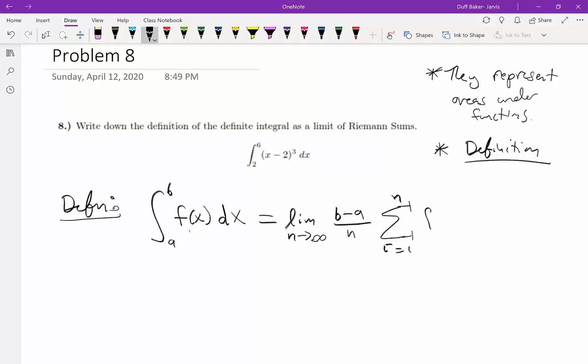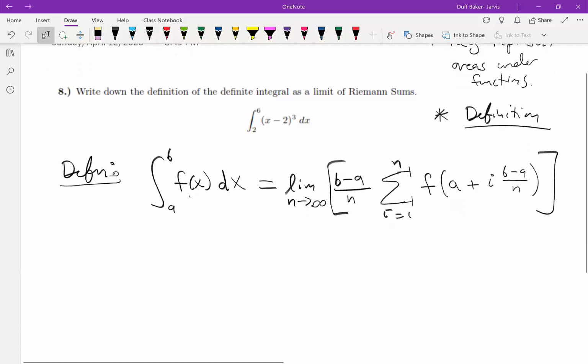And we're going to stick to right endpoints for this definition. And so you take the starting bound, the lower one, plus, then you move to the right by delta x each time. And so you end up with this. Okay, so this is the most general definition.